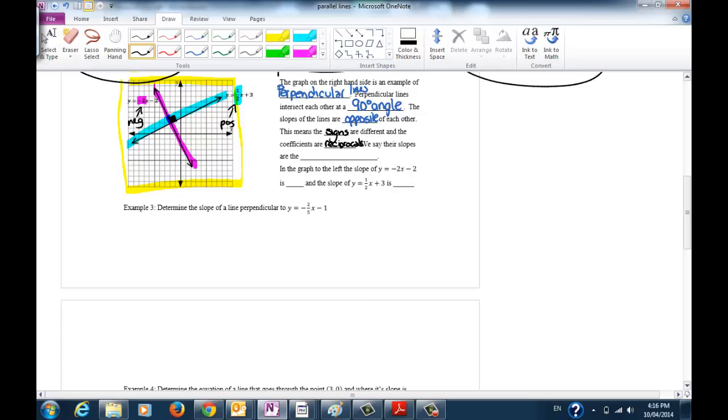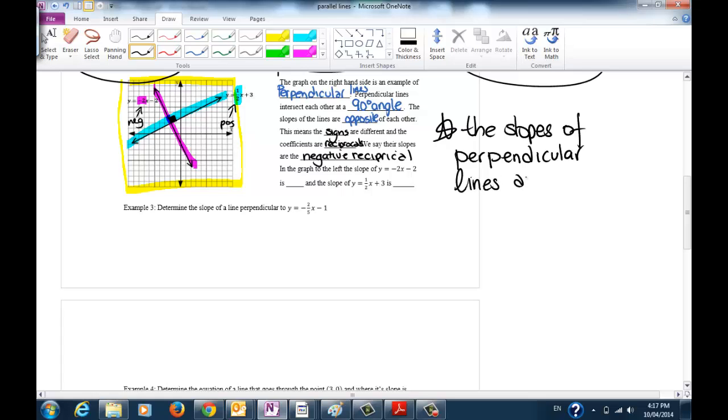Remember, reciprocal means to flip. So we say that their slopes are the negative reciprocal. So I'm going to put a big star here. Hopefully we all remember this. The slopes of perpendicular lines are negative reciprocals.